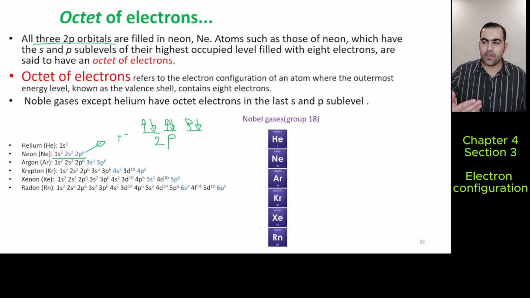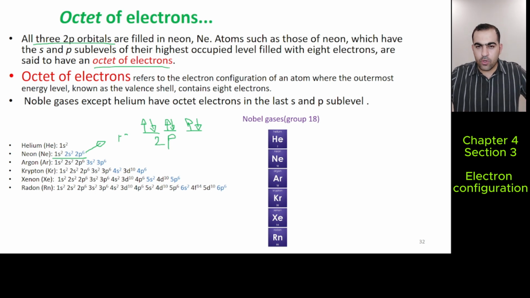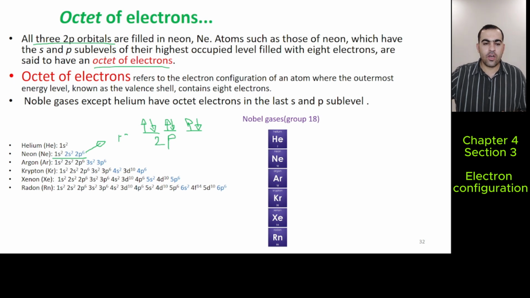Those atoms whose last s and p are filled with 8 electrons are said to have an octet of electrons. Octet means 8.